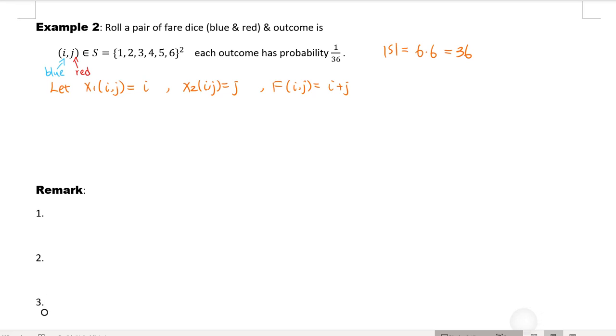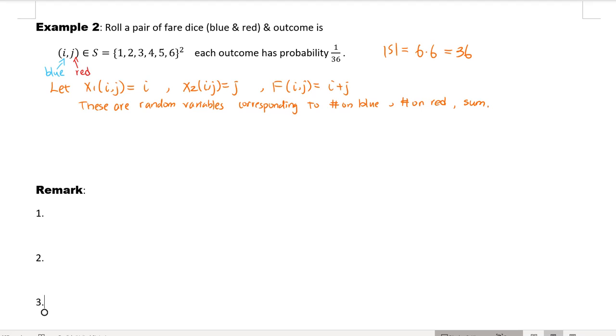Okay, so these are random variables corresponding to the number on the blue die and the number on the red die, and then the sum of those two numbers.